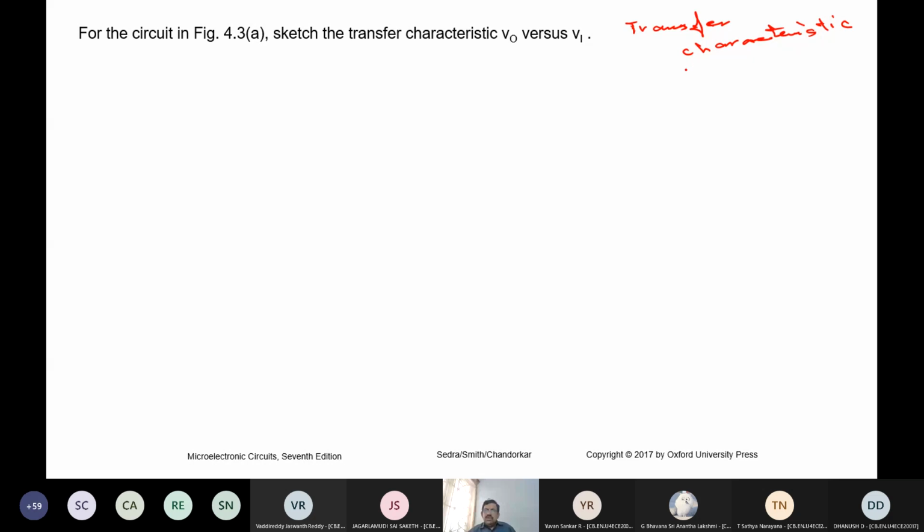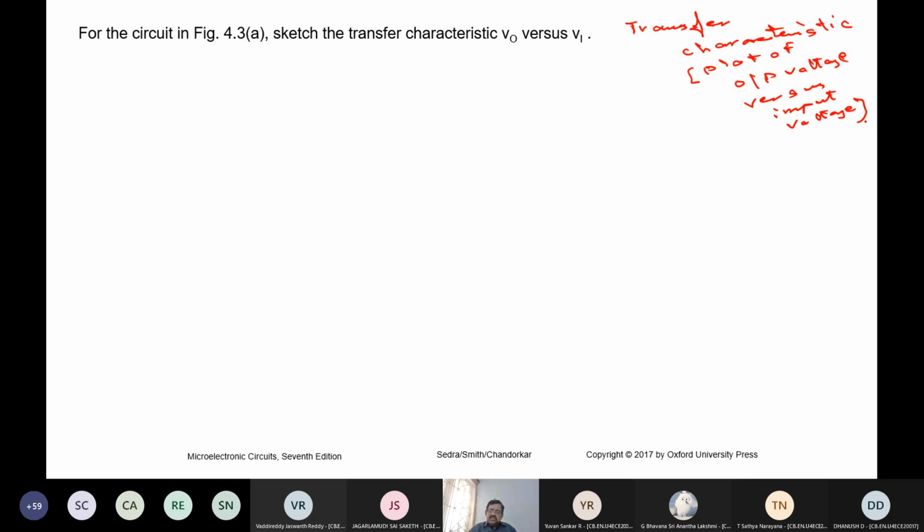So you have to understand that a transfer characteristic is always a plot of output voltage versus input voltage.